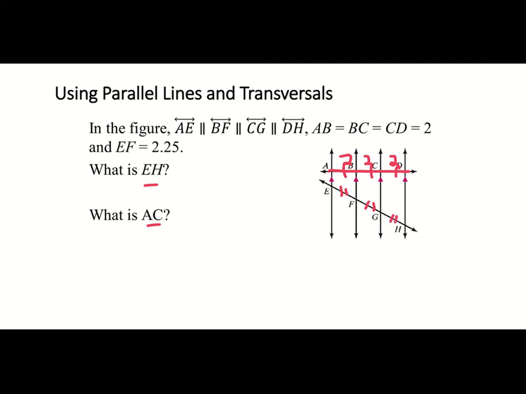And they did tell me that EF is 2.25, and they want us to find EH. So they want us to find the distance between E to H. Well, if this is 2.25, then I know FG is also 2.25, and GH is also 2.25. So I can either add them all together, or I could take my 2.25 and multiply it times 3.